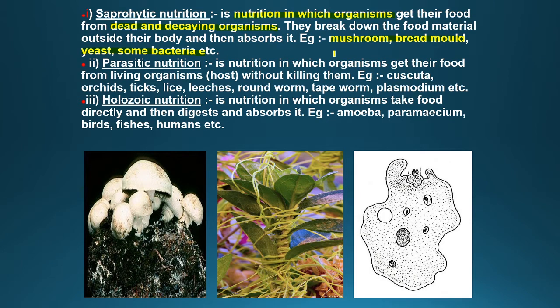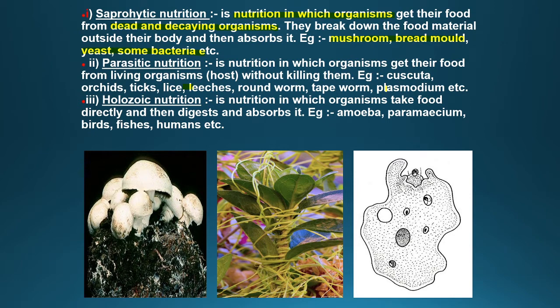And going to parasitic nutrition, this mainly involves a host. It is like if any virus comes into our body, stays in our body and feeds on our blood. That is called parasitic nutrition. In some plants, we can see organisms hopping onto plants and sticking to them.